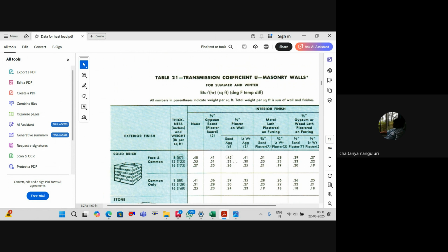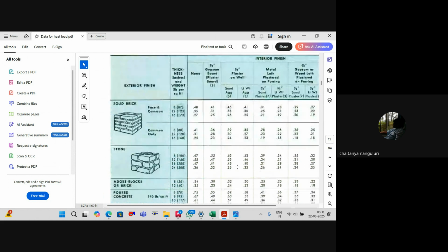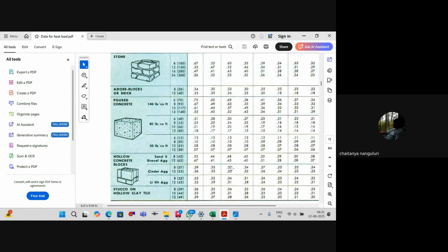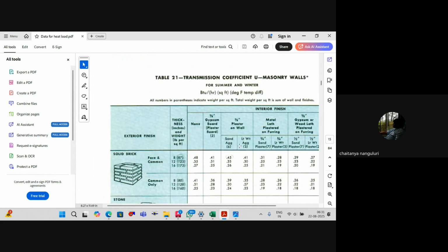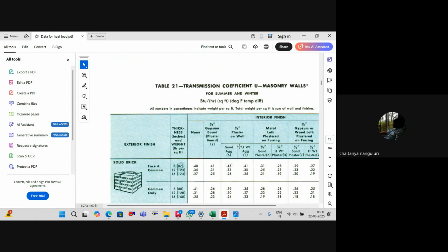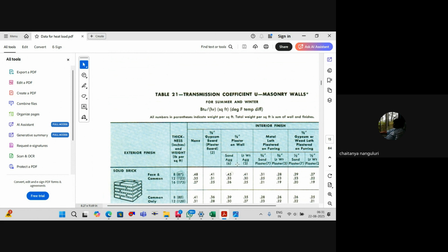According to the material, you have different kinds of material, such as hollow block work, you can choose. According to your type of material, you have to choose your U factor. Am I clear? So we'll consider face in common with 5/8 inch plaster on the wall with sand aggregate material, and this is 0.45.